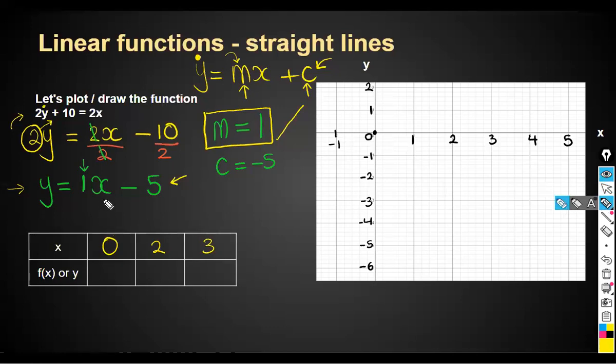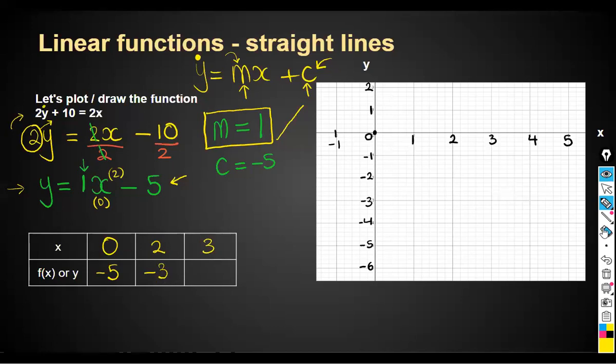The first one, we're replacing the x with 0, right? 1 multiplied by 0 is 0. Anything by 0 is 0. 0 minus 5 is minus 5. Then we can replace it with 2. 1 multiplied by 2 is 2. 2 minus 5 is minus 3.